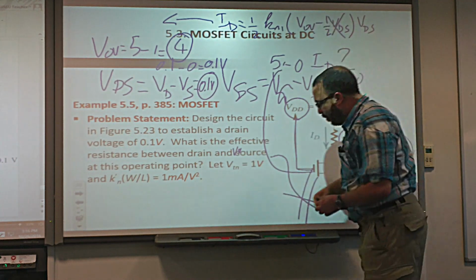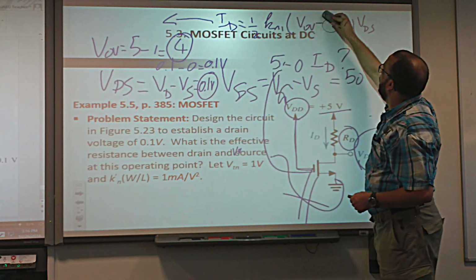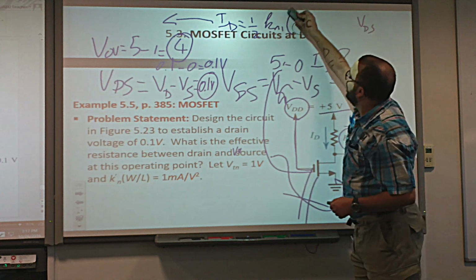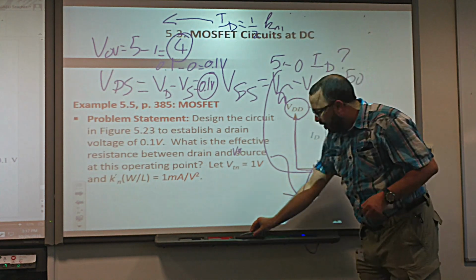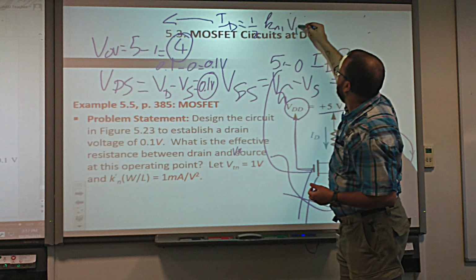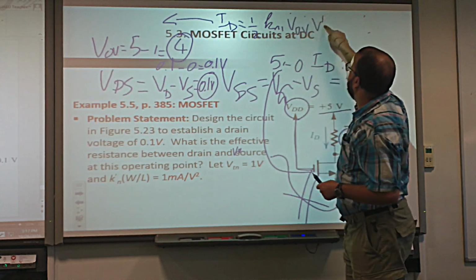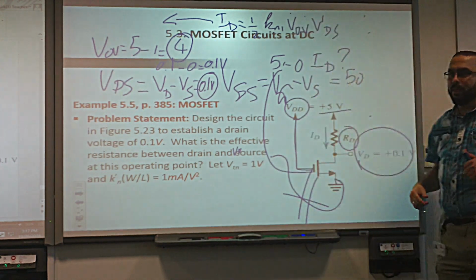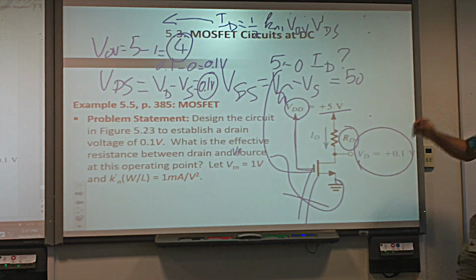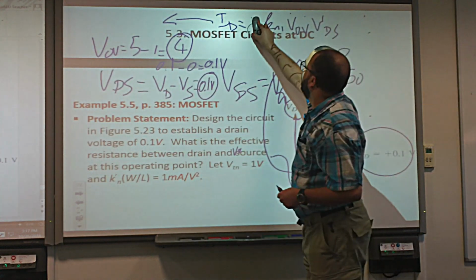And we get the initial equation, if you remember from a couple of weeks ago: Kn V overdrive VDS. And we don't have half here, by the way.